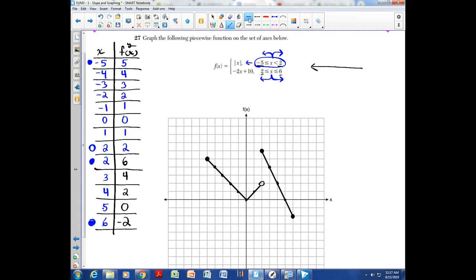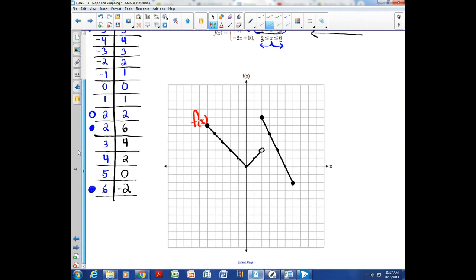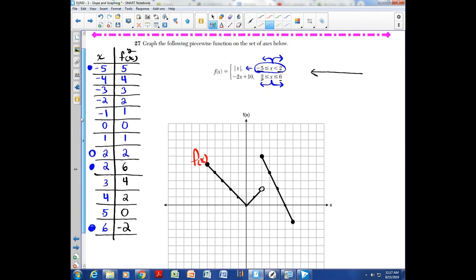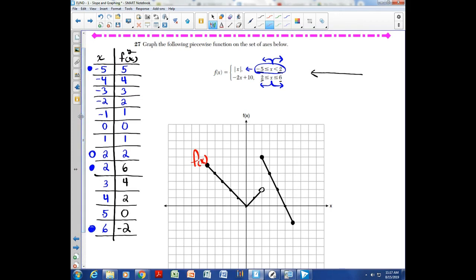And there we have it. This is our piecewise function. Now, the name of this function was f of x, so I might want to go here and maybe put a little f of x just to remember that that's what it was called. And there you have it. We just graphed a piecewise function.